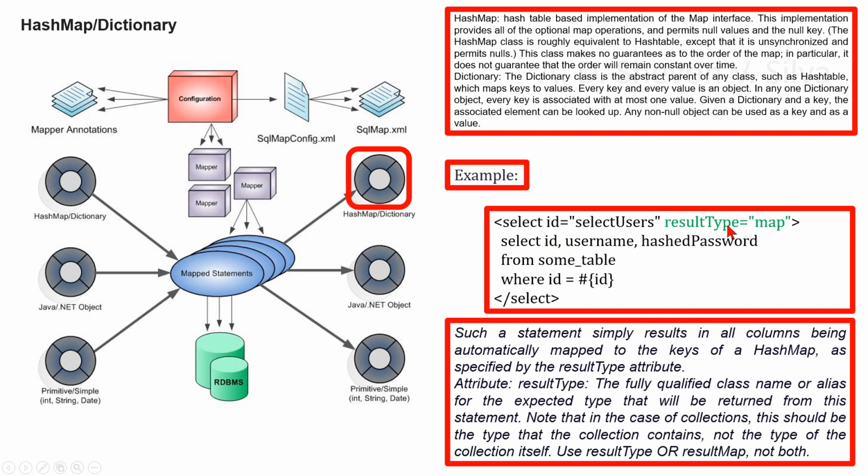Note that in the case of collections, this should be the type that the collection contains, not the type of the collection itself. Use result type or result map, not both.